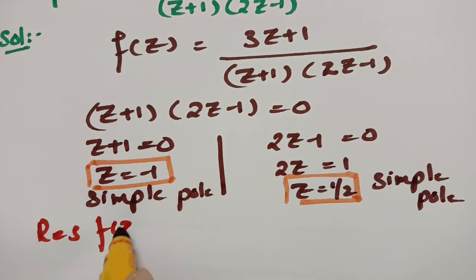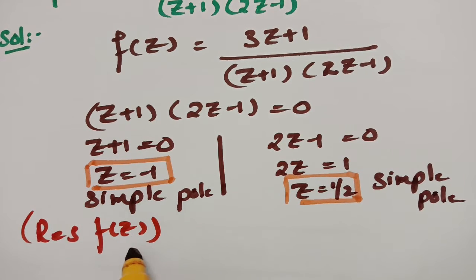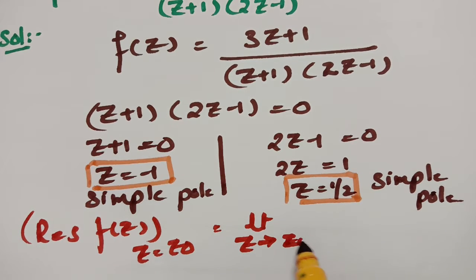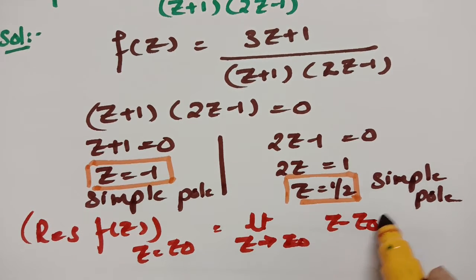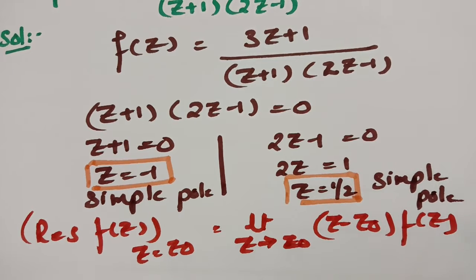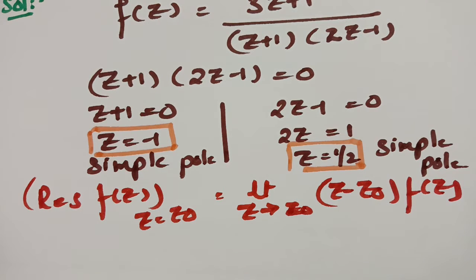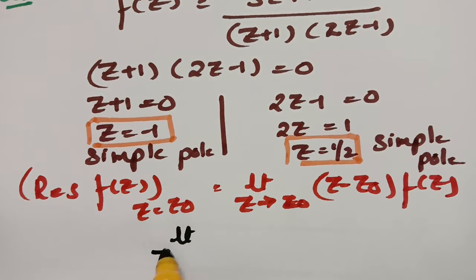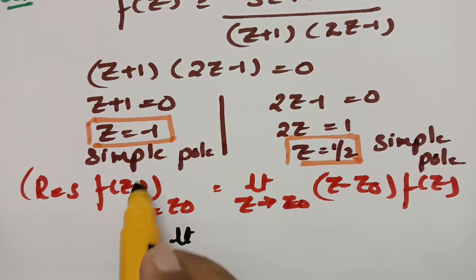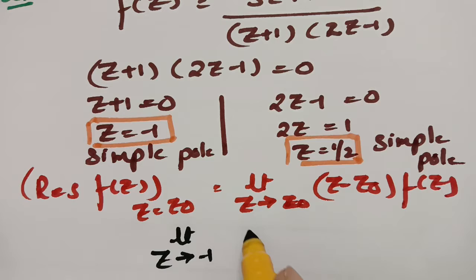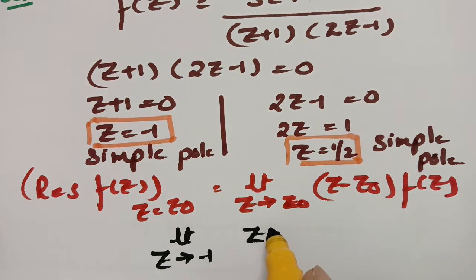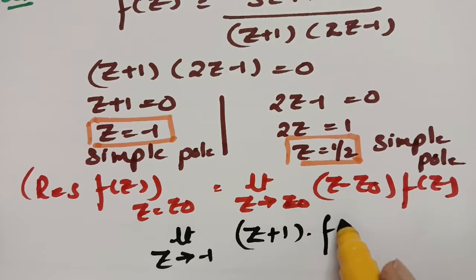The residue of the function f(z) at the pole z = z0 is nothing but the limit as z tends to z0 of (z - z0) times f(z). At the pole z = -1, z0 is -1, so this will be the limit of (z + 1) times f(z).